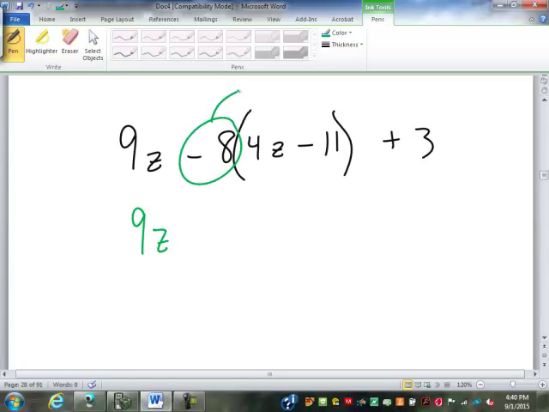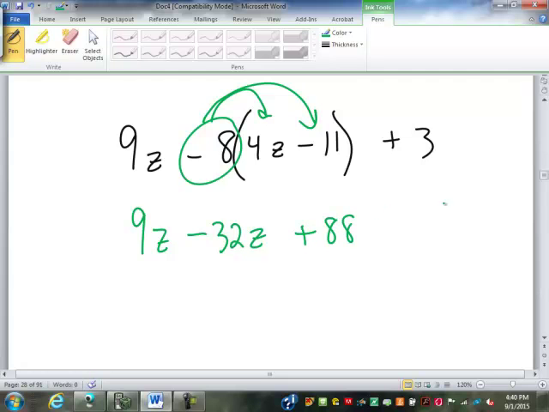So the 9z just stays where it is. We bring it down. Negative 8 times 4z is negative 32z. And then negative 8 times negative 11, positive 88.